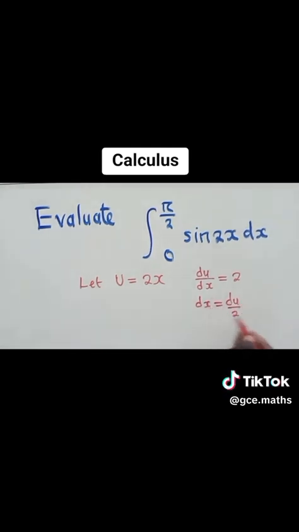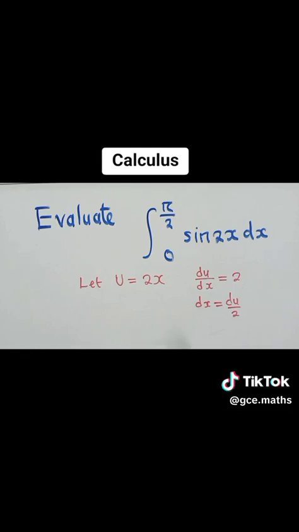What I've just done here is cross multiply. So d times 1, it's du times 1, it's du. dx times 2, it will be 2 dx. Now to make dx the subject of the formula, you divide by 2 throughout.